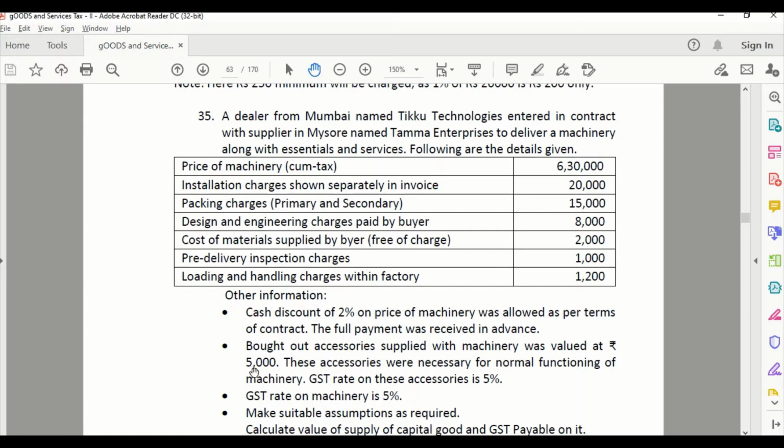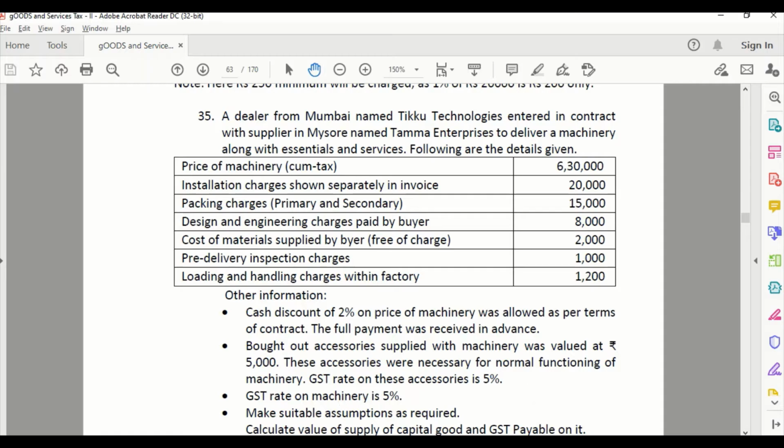This is an extra thing which is not included here. GST rate on machinery is 5%, so for accessories also 5%, on machinery also 5%. We need not calculate it separately. Make suitable assumptions as required and calculate the value of supply of goods and GST payable on it. This is what we have to do.